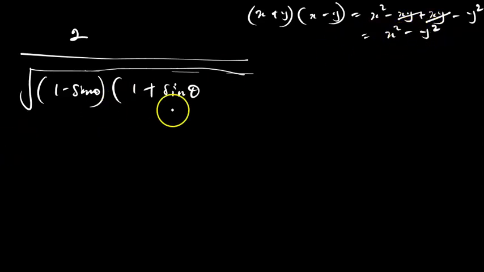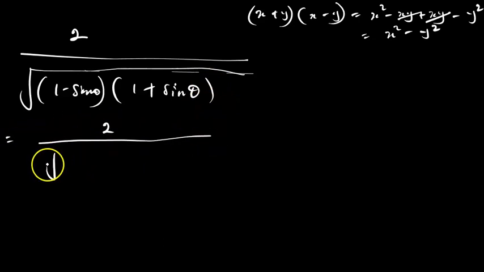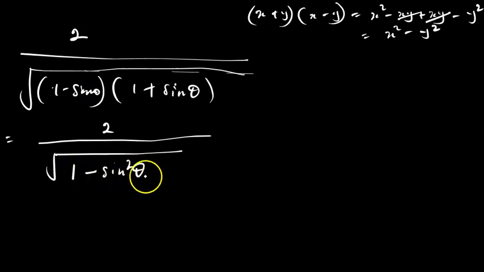The same thing is happening here. This expression is 2 over the root of 1 minus sine theta into 1 plus sine theta, where 1 here is my x and sine theta is my y. So if I expand this, it becomes 1 minus sine squared theta.